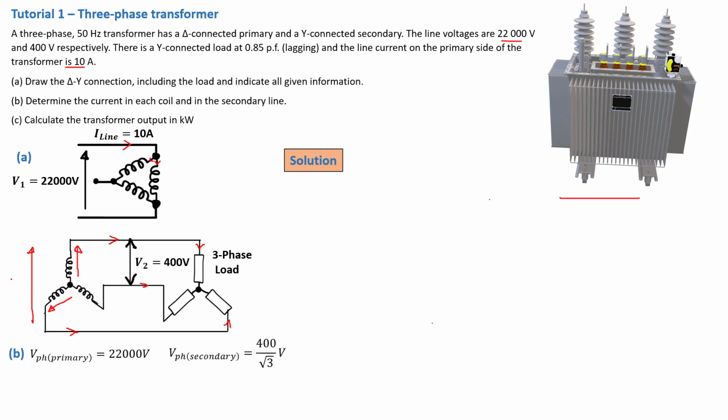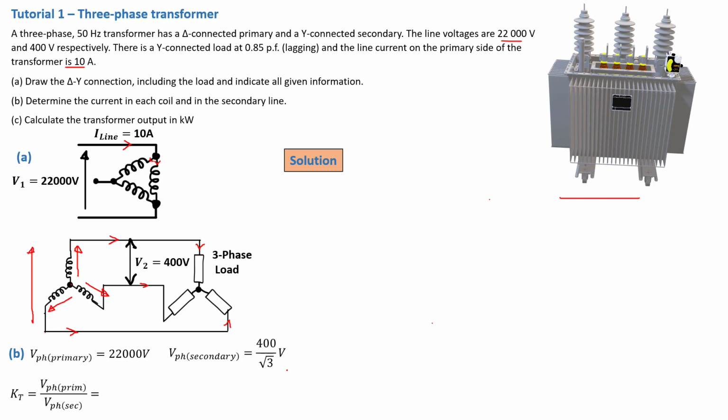So this voltage here is the 400 volt. That is phase to phase, exactly like this phase and this phase. That voltage is 400 volt, and that's exactly the same here. But what is the voltage from this neutral point to that point? That's the one that we calculate by doing 400 divided by the square root of 3.